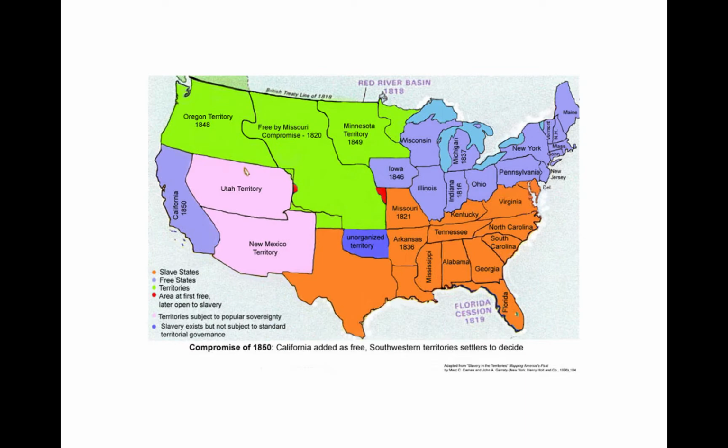The second part of this compromise took land away from Texas, where slavery would be legal, and gave it to New Mexico, where slavery may or may not be legal. So that part of the compromise favored the opponents of slavery too. The part of the compromise with the District of Columbia didn't give the opponents of slavery everything they wanted.